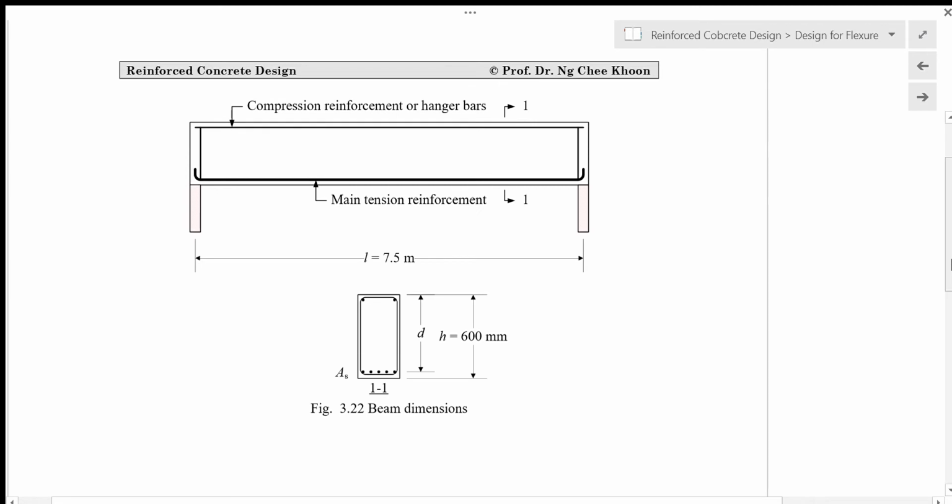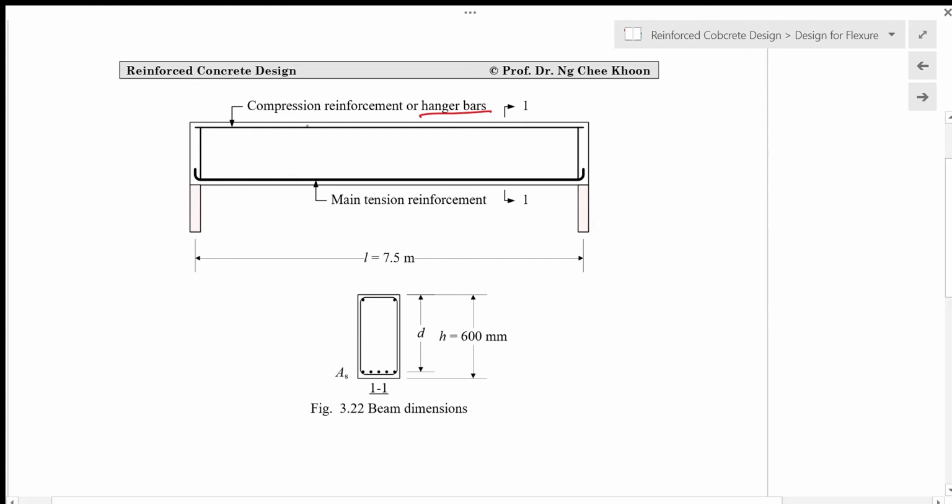So the beam that we're going to design looks like this. It's a simply supported beam, with the main tension reinforcement at the bottom to withstand positive bending moment, and then we will have compression reinforcement or hanger bars on top, if we do not need any compression reinforcement.